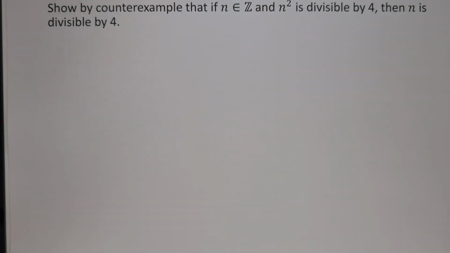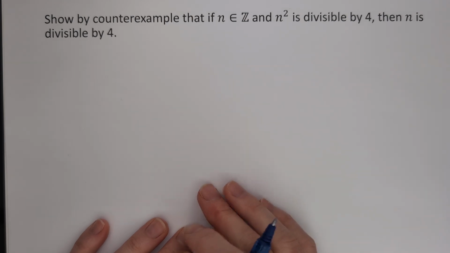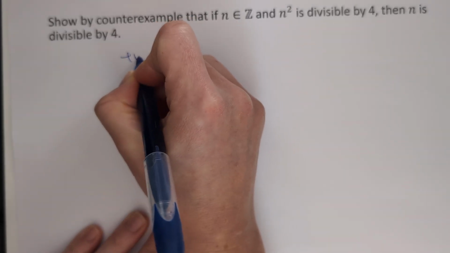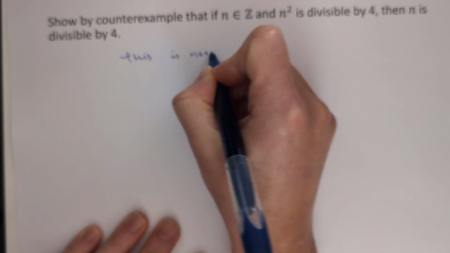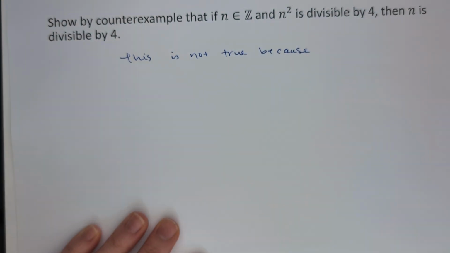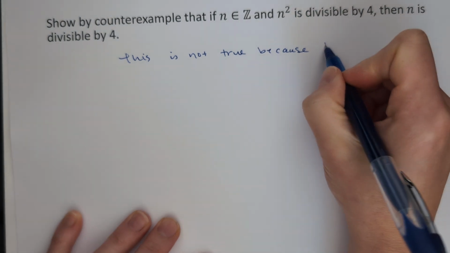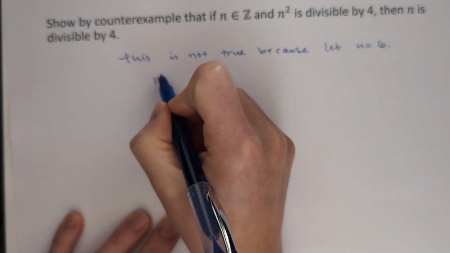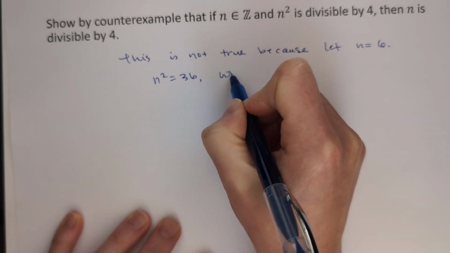So, for example, show by counterexample that if n is an integer and n squared is divisible by 4, then n is divisible by 4. This is not true because, for example, all you have to do is think of one, and there are a whole bunch of them. Let n equal 6. n squared is 36, which is divisible by 4.